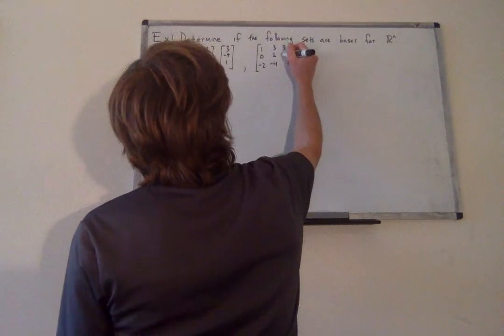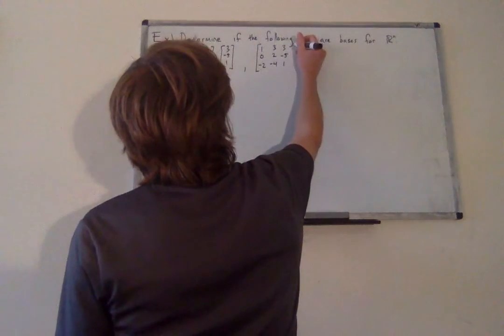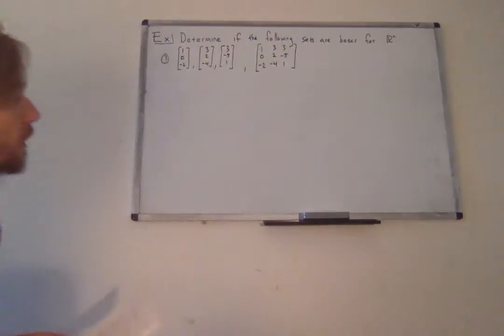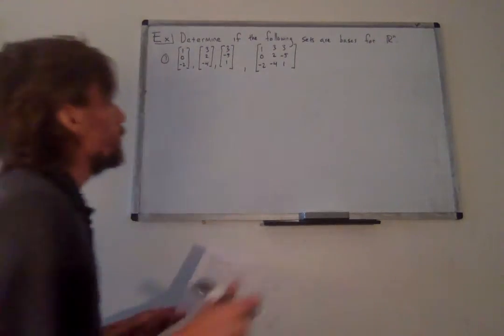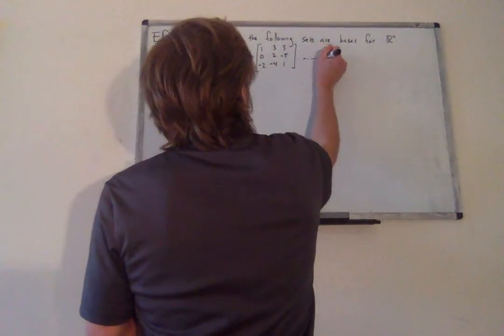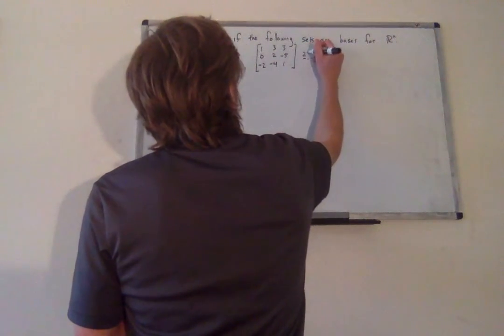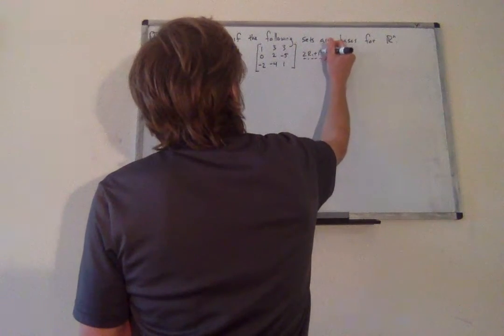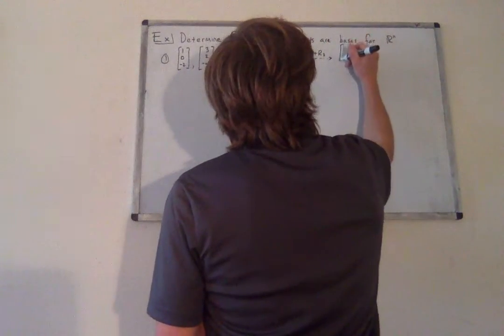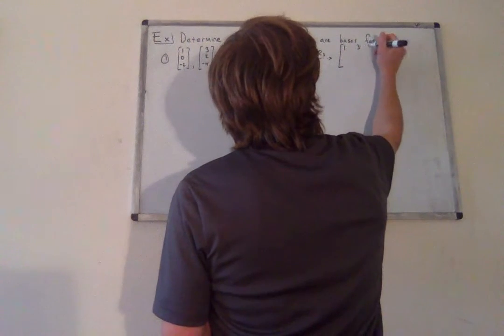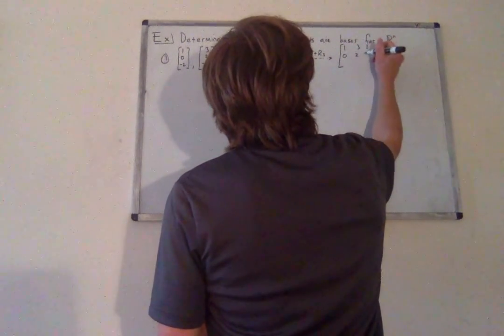Feels like it's been a while since we've row reduced a matrix. We're just going to row reduce this to reduced row echelon form. I was almost beginning to miss row reducing.